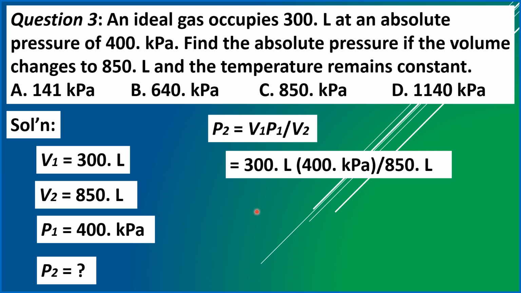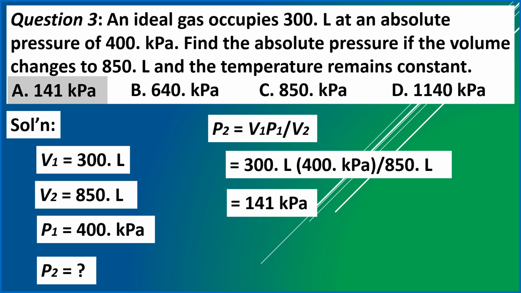Okay, doing our math, we will get the value for the final absolute pressure equal to 141 kilopascal. All right, therefore, our answer among the four choices is, of course, letter A, 141 kilopascal.